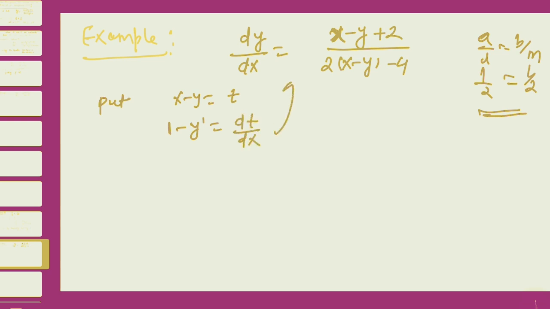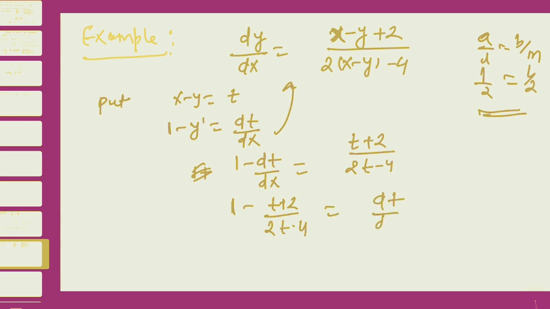Now we will replace the value here, so it will become 1 - dt/dx = (t + 2)/(2t - 4). So 1 - (t + 2)/(2t - 4) = dt/dx. Okay, so this differential equation is in variables separable form. The terms of t are on one side and the terms of x are on the other.